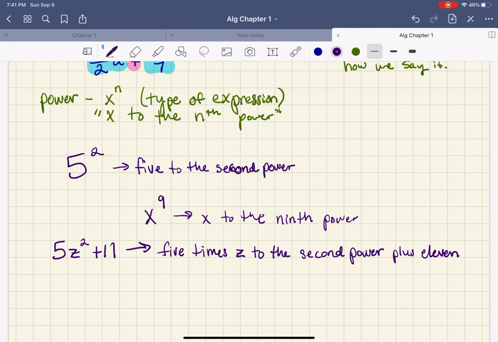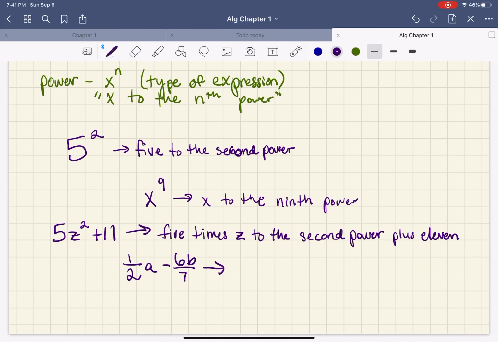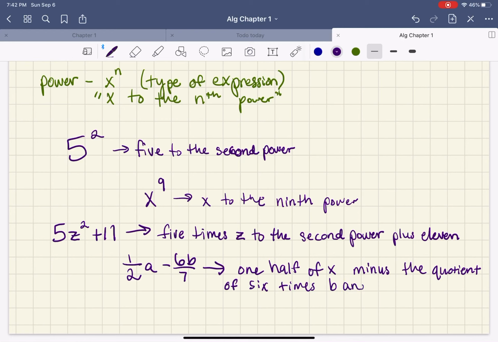All right, and let's do one more. I gave you this example up here. So if I had 1/2 a minus 6b over 7, I would make this into a verbal expression by saying 1/2 of a minus the quotient of 6 times b and 7.